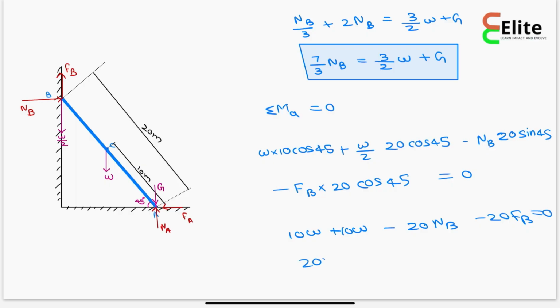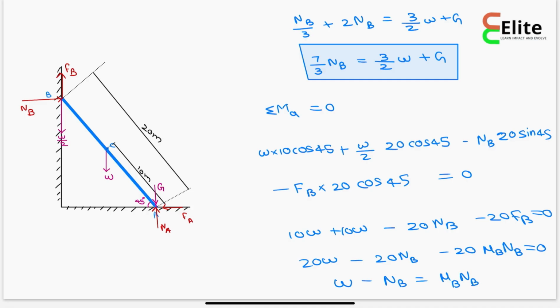So 20 W minus 20 NB minus 20 into mu B NB equal to 0. So we can cancel these 20s and we will get W minus NB is equal to mu B NB.